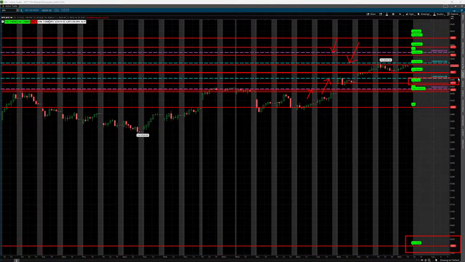In a positive gamma environment, market makers have to trade against price to hedge their delta exposure, and that tends to subdue or decrease volatility. That's at 4470. So that level did move up from Friday, from 4445 up to 4470.